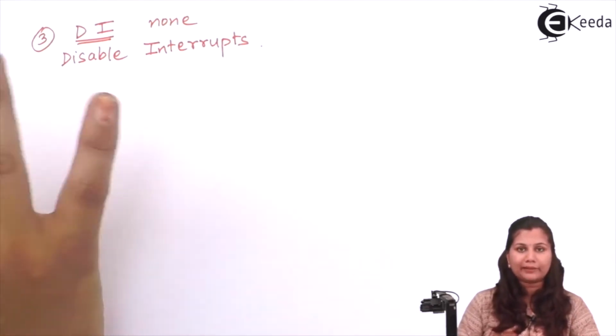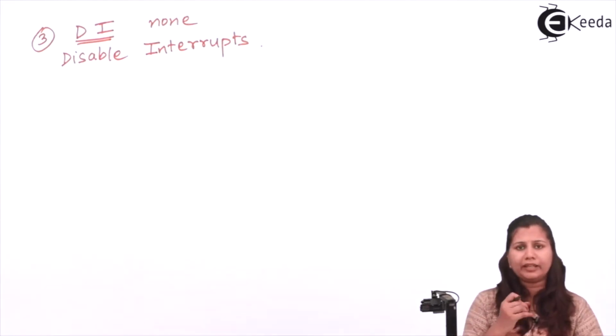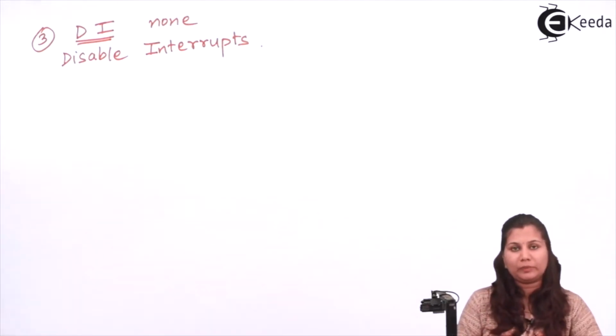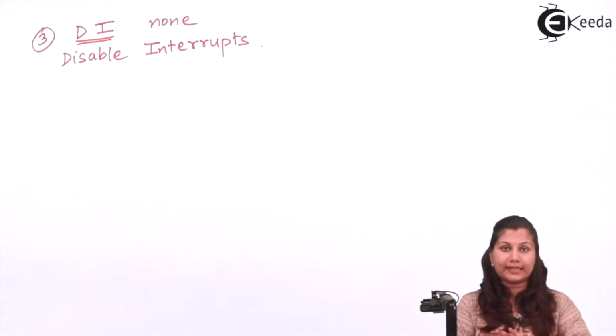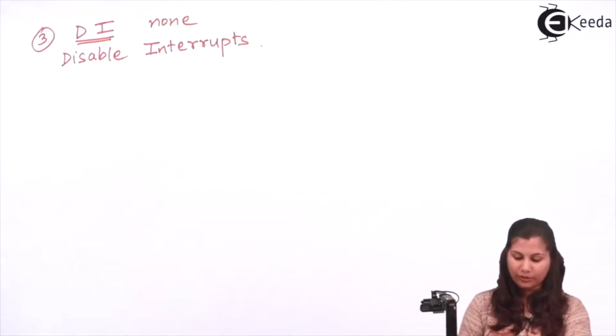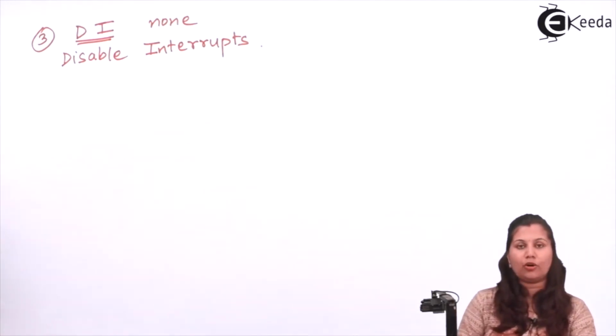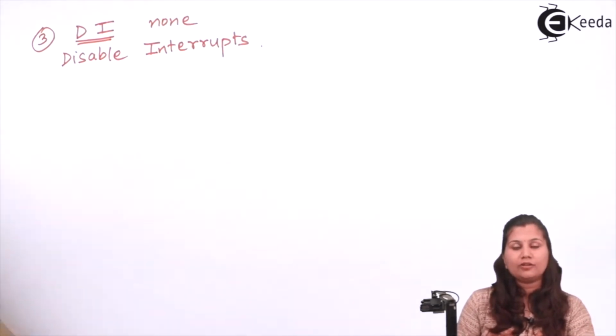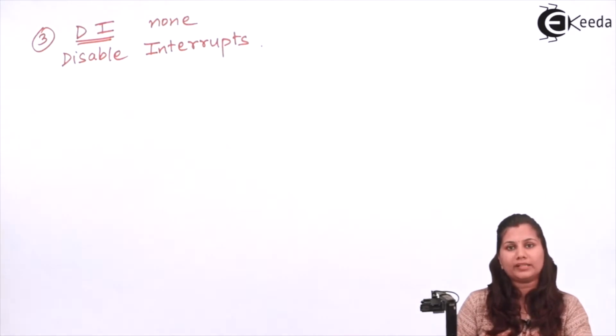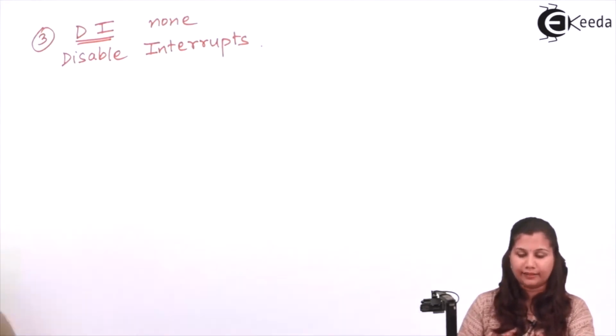So what the microprocessor does is, if any interrupt is given to the microprocessor, then it will disable all the interrupts. No execution will happen, or if there is any call instruction related to the interrupts, then no execution of the interrupts will be done if DI is written there.